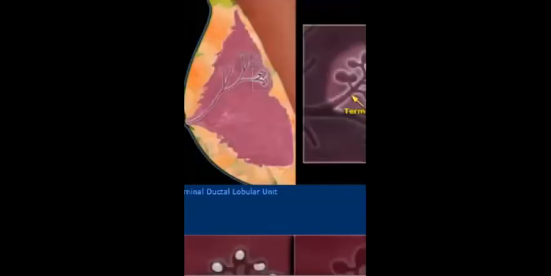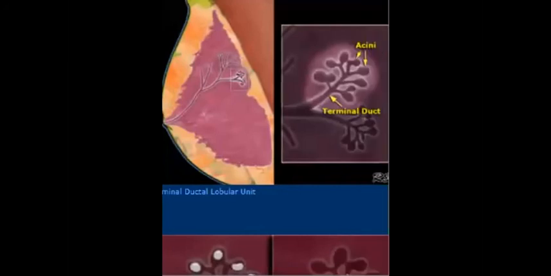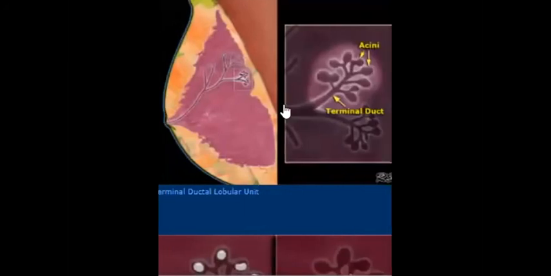I want to show you some malignant calcifications. I think in Radiology Assistant, they have very nice explanation. Let me show you quickly. So yeah, you remember the terminal ducts and the acini.